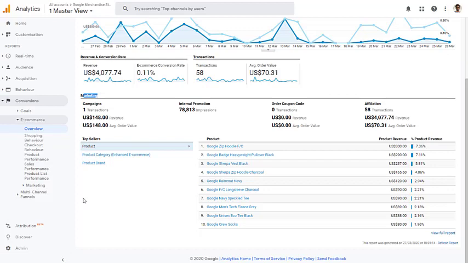I can see that because of campaigns, I have received one order which was of value $148. Since I had only one order, the average order value is also 148. Internal promotions. How to dynamically capture the transaction amount is the question by Rahul.